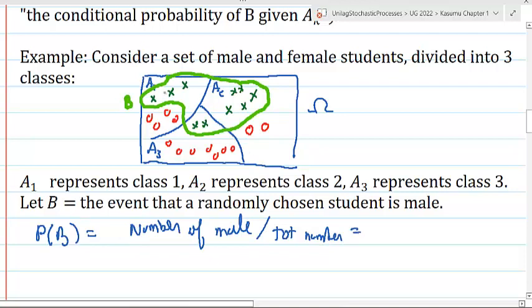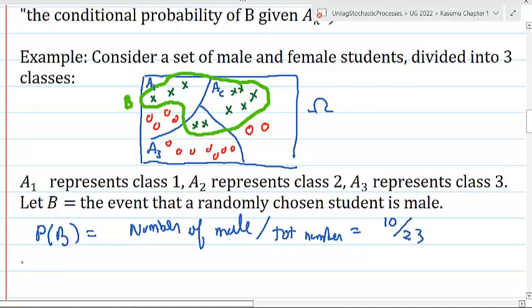So the number of male students is 3 plus 2, 5, plus 5 is 10. The total number of students is 10 plus 4, 14, plus 7, 21, 22, 23. 10 over 23. Okay, so that's one way to show it.